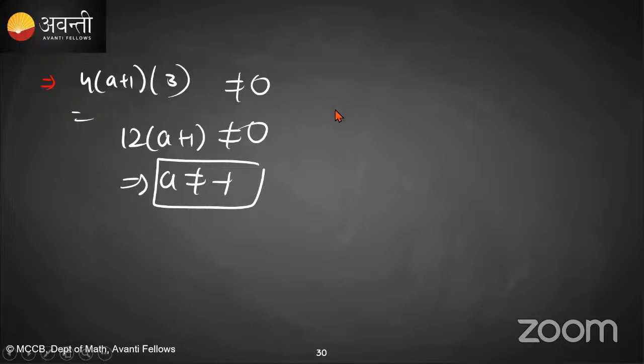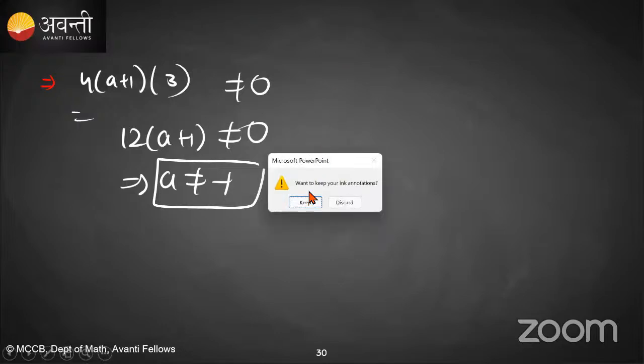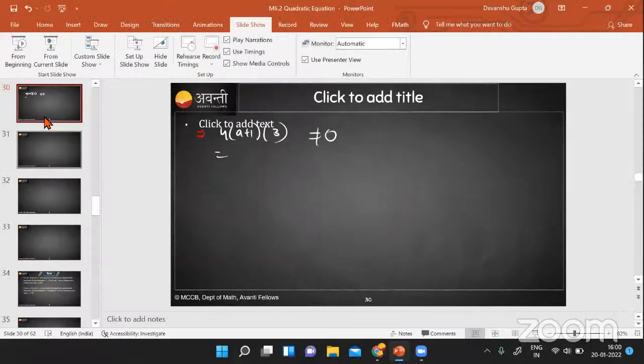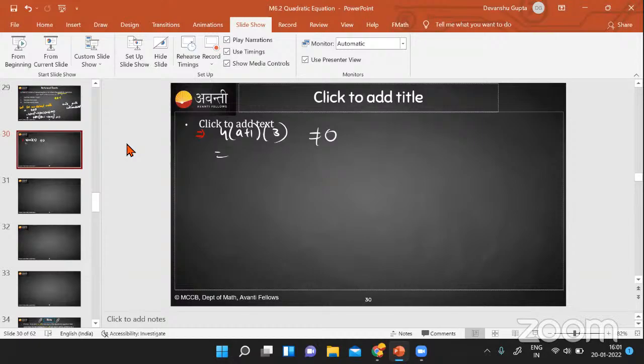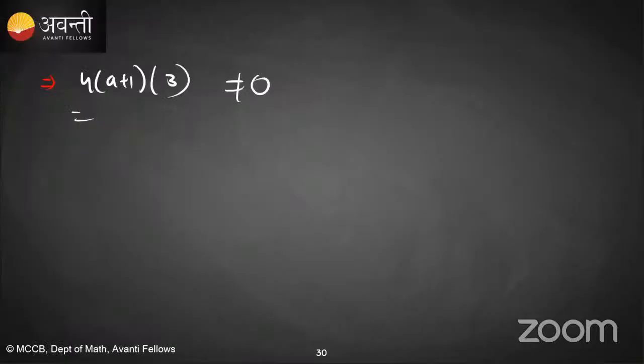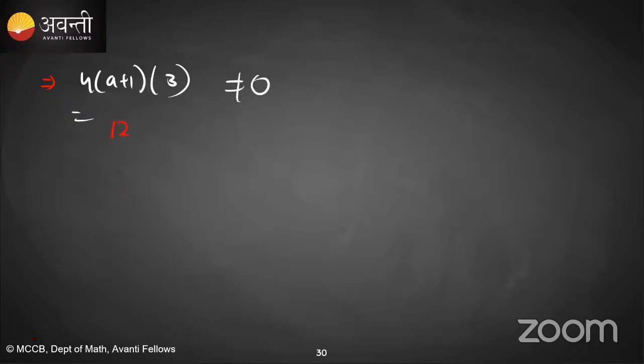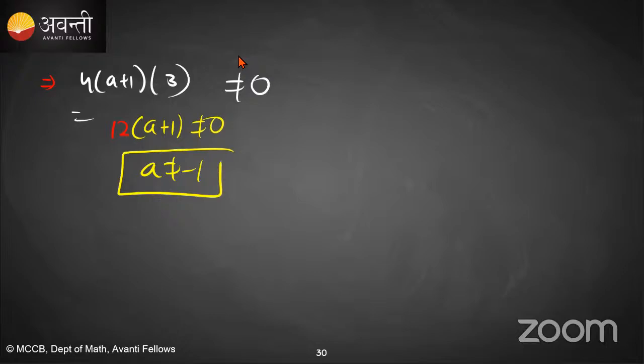So I have to write again: 12 into (a plus 1) non-zero, so a is not equal to minus 1. So this is the condition for the first one.